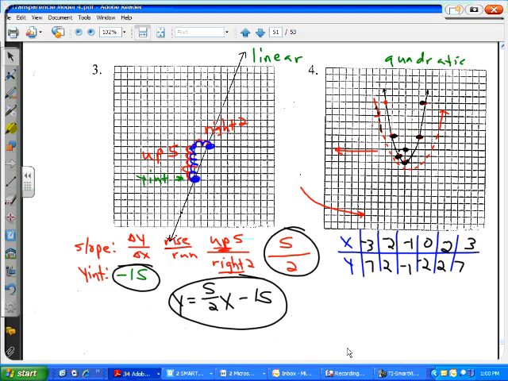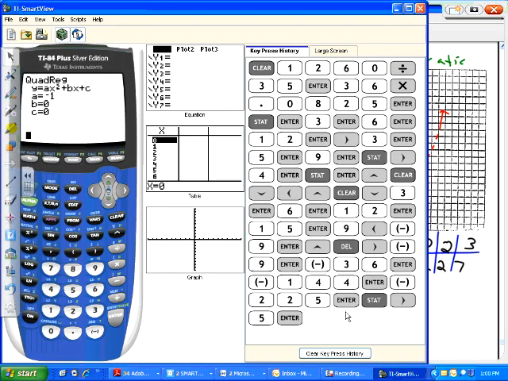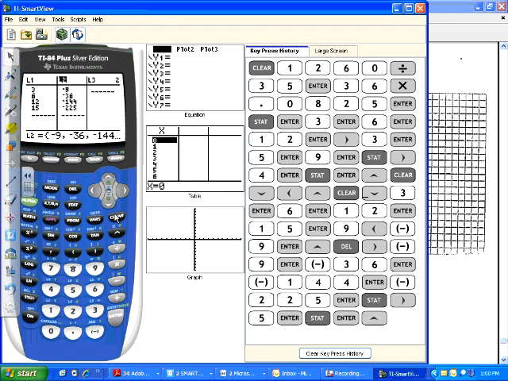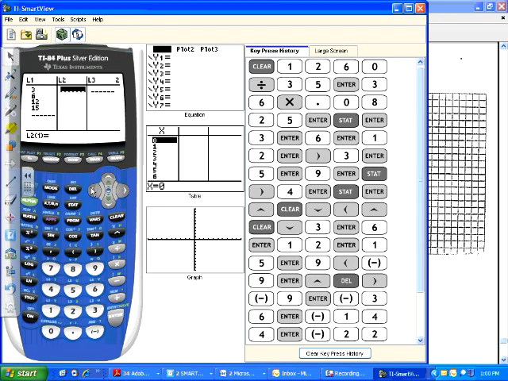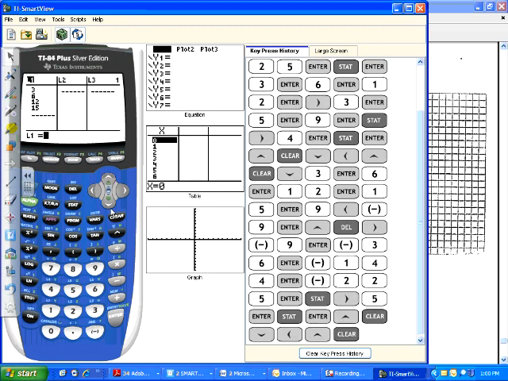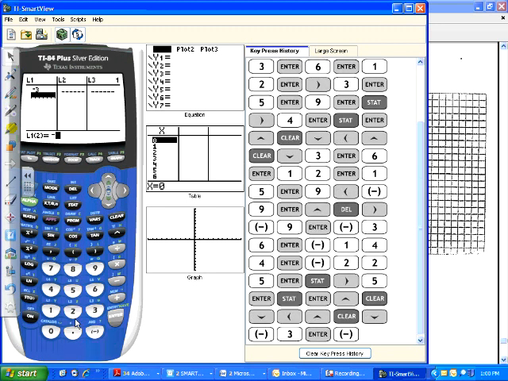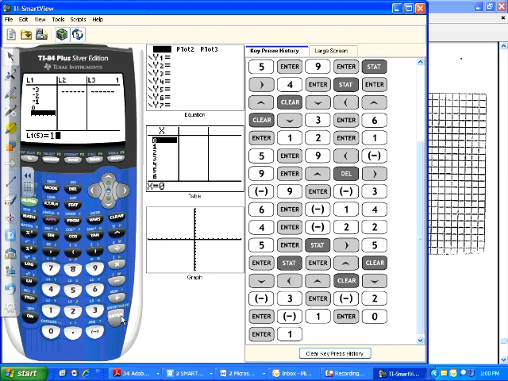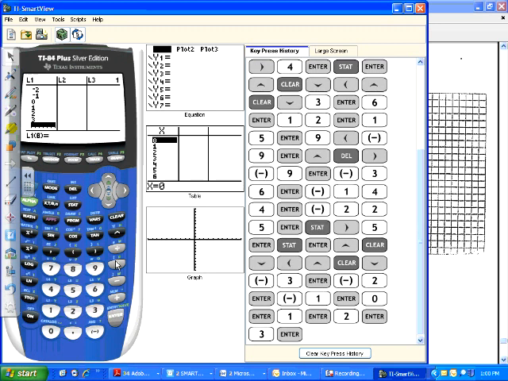So we're going to go to our calculator, stat, edit. We clear what's in there out: up, clear, down, over, up, clear, down. My x's were negative 3, negative 2, negative 1, 0, 1, 2, 3. I need to remember my y's.